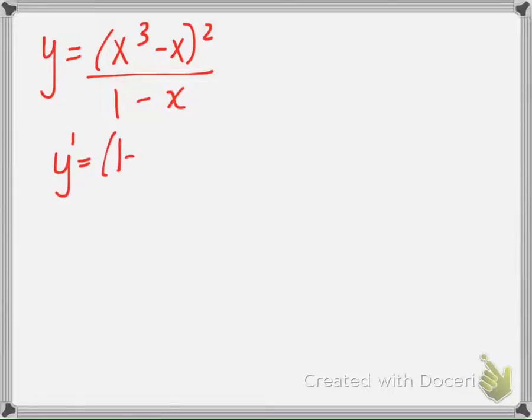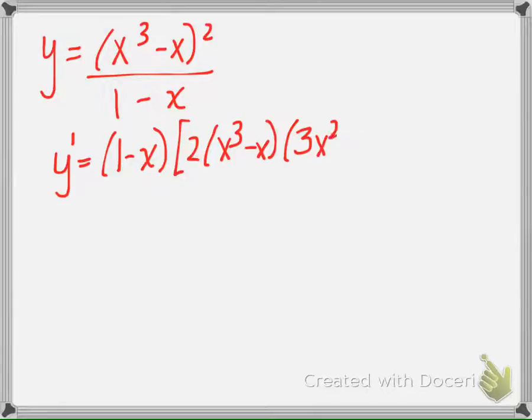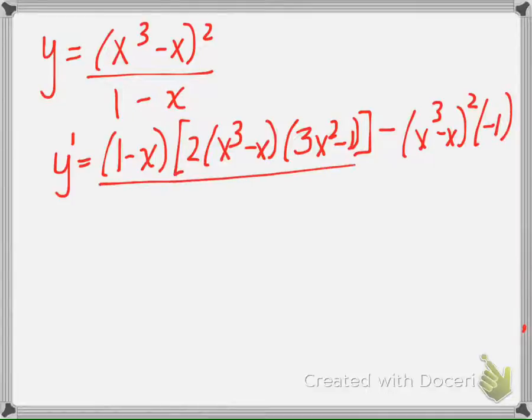So it's the bottom times the derivative of the top minus the top times the derivative of the bottom all over the bottom squared.